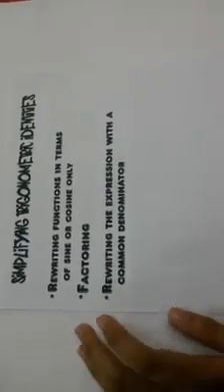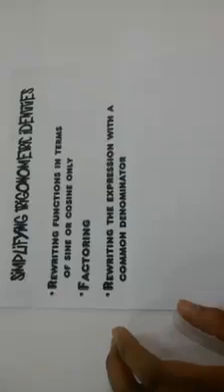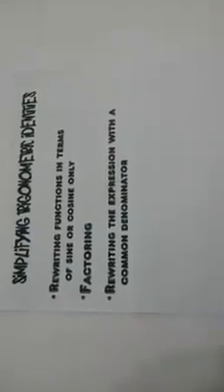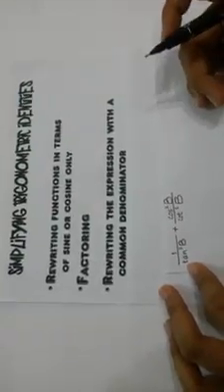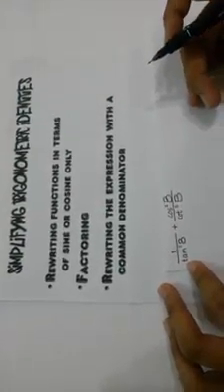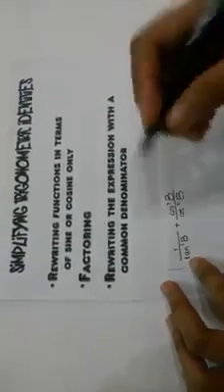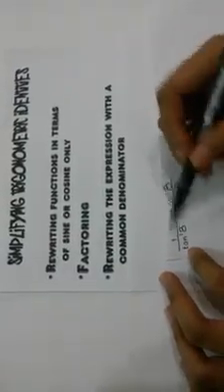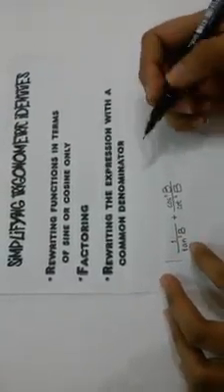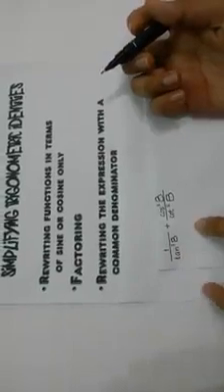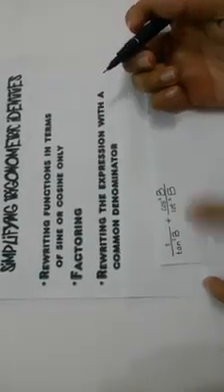Next is simplifying by rewriting the expressions with a common denominator. A sample problem is 1 over tan square B plus cosine square B over cotangent square B. There are 2 fractions and they don't have a common denominator.